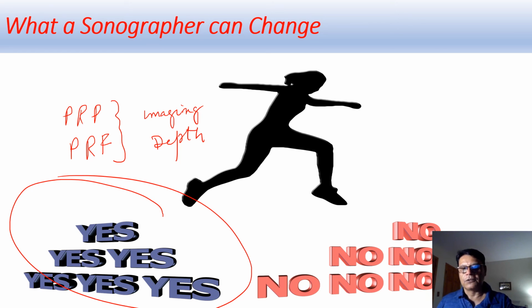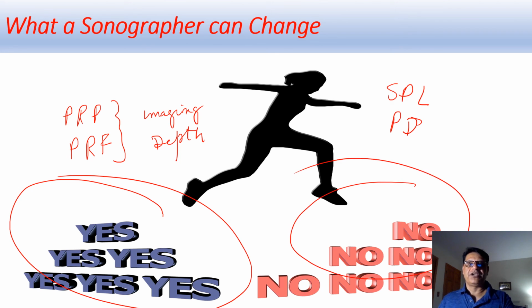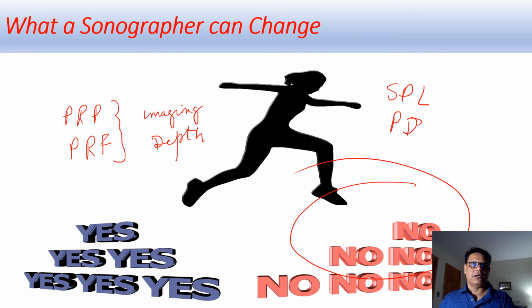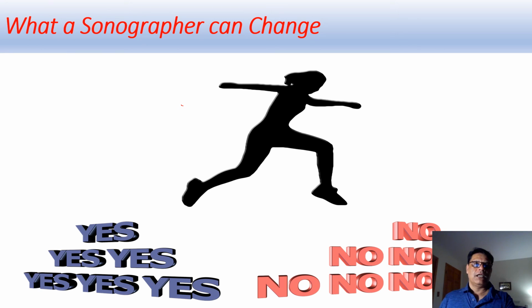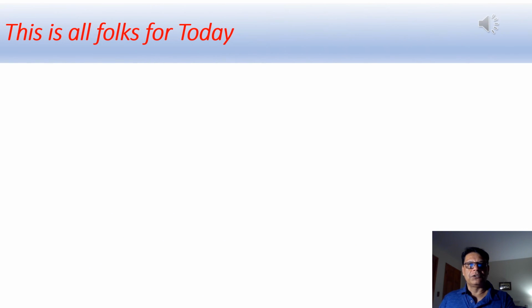The other two, spatial pulse length and pulse duration, cannot be changed by the sonographer. So these are four parameters of pulses, and these are very important in ultrasound imaging, and you need to remember this very well.